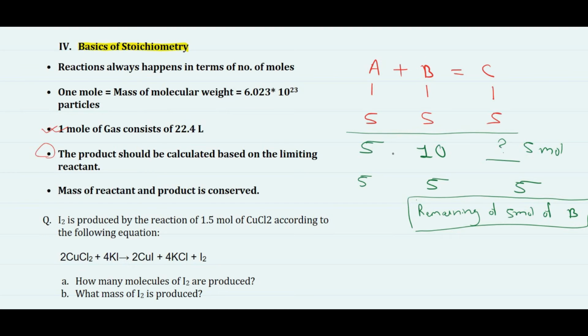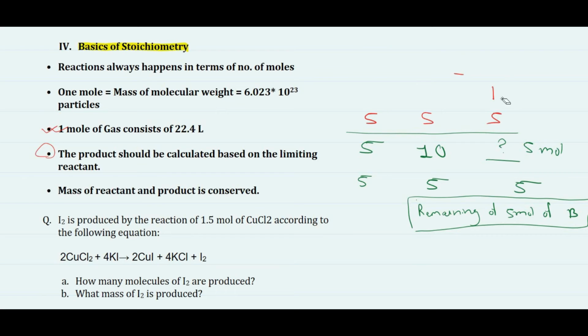So 5 moles of A could react with only 5 moles of B, and we have remaining moles of B. Here the limiting reactant is A, something that is used up first, and it limits the reaction. While determining the amount of product formed, we should always consider the limiting reactant. I hope this makes sense.